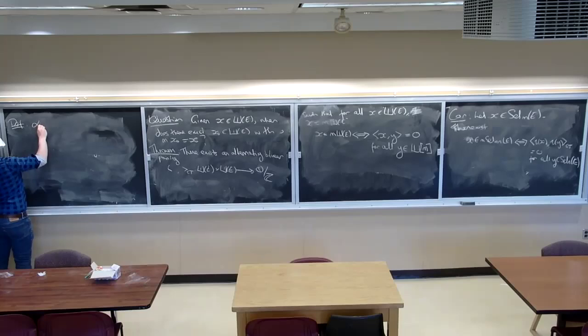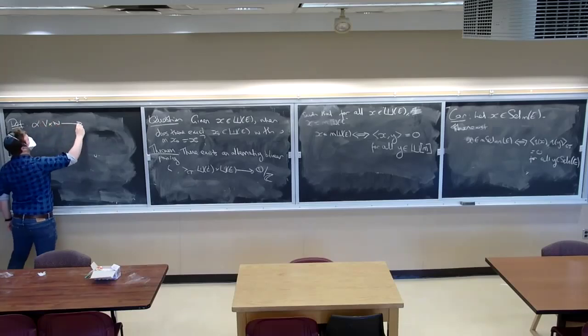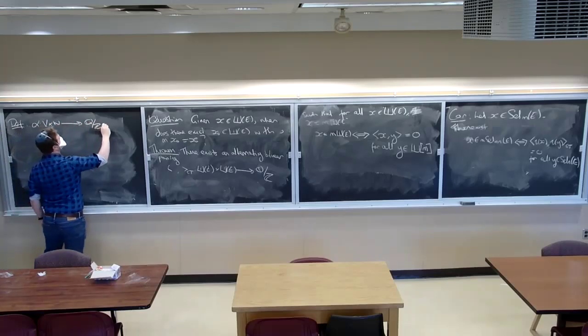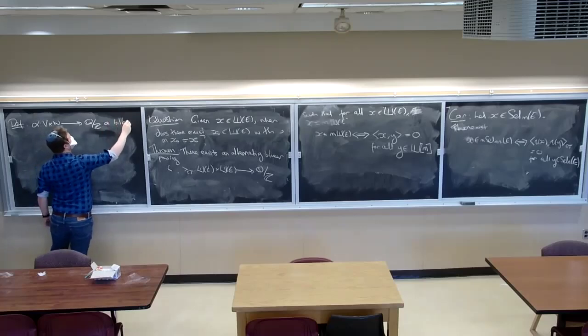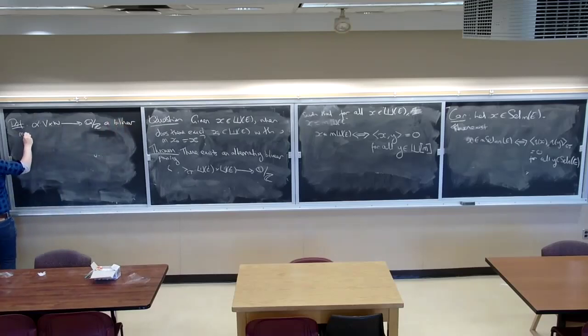So I want alpha from V cross W to be a bilinear pairing, which is just a bilinear map. Then there are two kernels that I can consider of this pairing. So there's the left kernel, I'll call it ker left alpha.